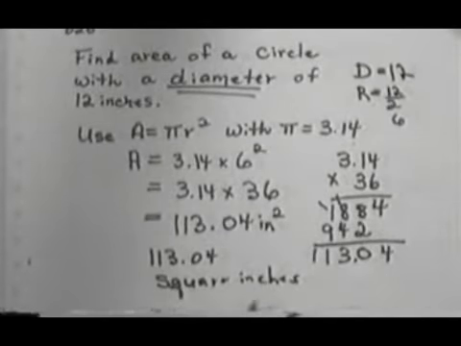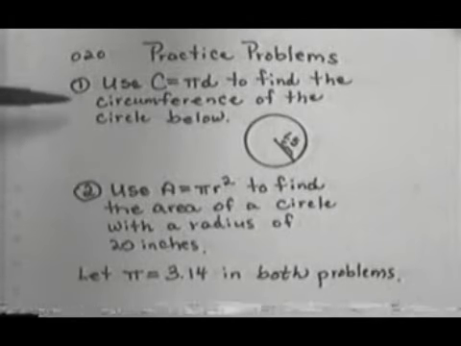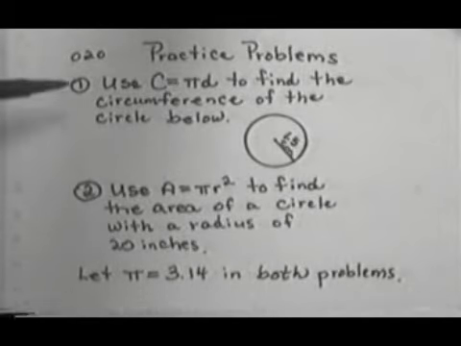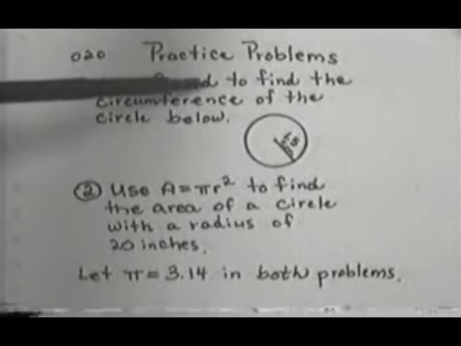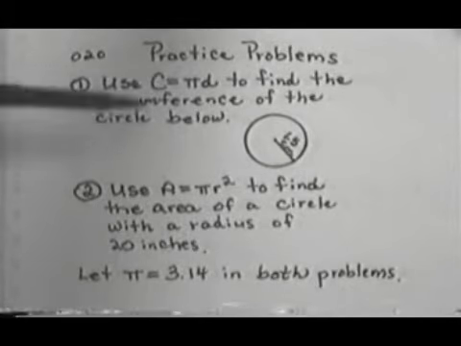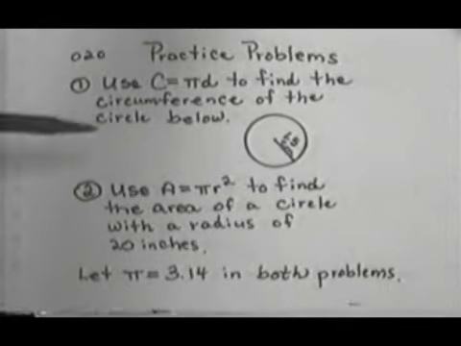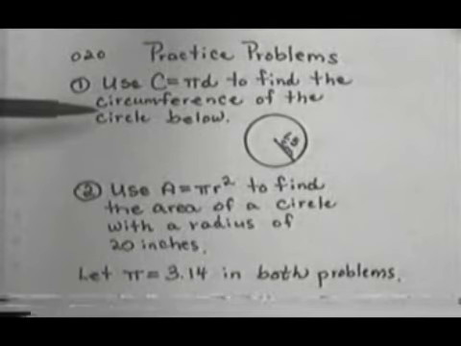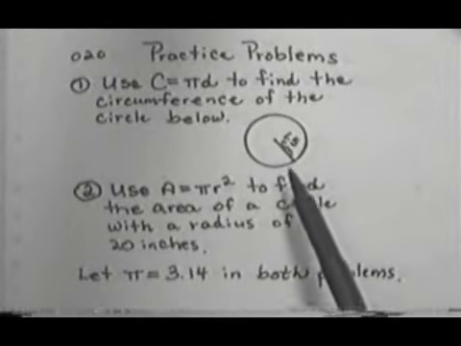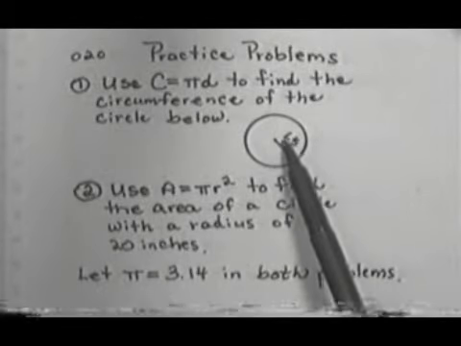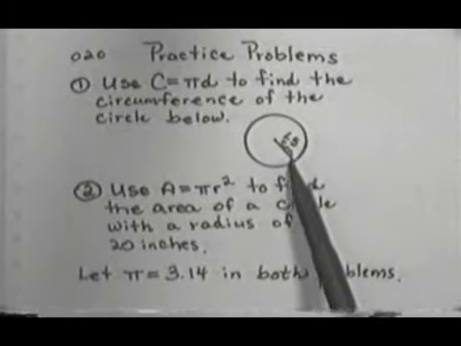Now I'd like for you to do some practice problems that involve finding the circumference and the area. The first one says to use the formula C equals pi d. Now I wrote my d small here, but it's the same thing. Use the formula C equals pi d to find the circumference of the circle below. So here's the circle. And in case you can't read that number, it's 1.5 centimeters.